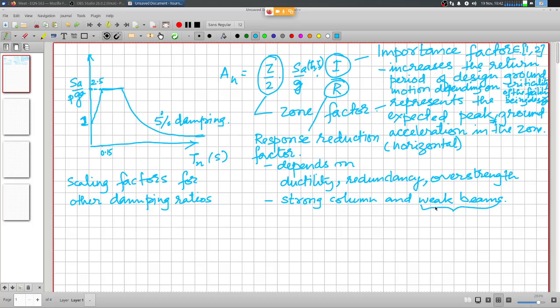And the diameters, etc., might also be different. So there is no guarantee that the kind of overstrength that I have in the reinforcing bars that I am using in the beams, I will have the similar kind of margin available in the column reinforcements.